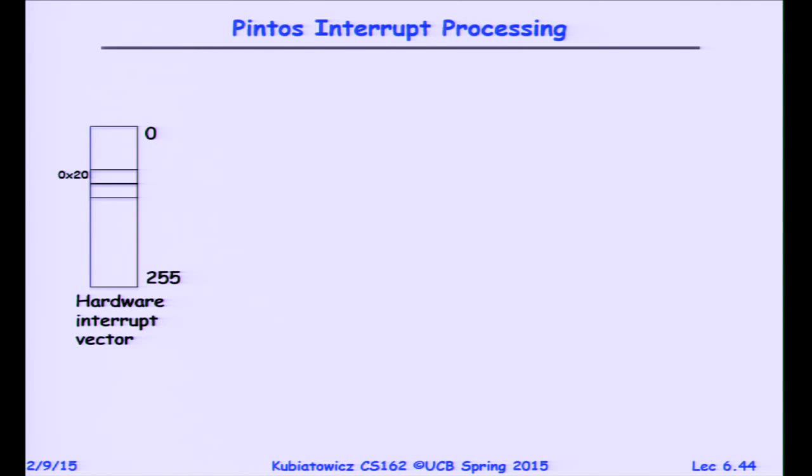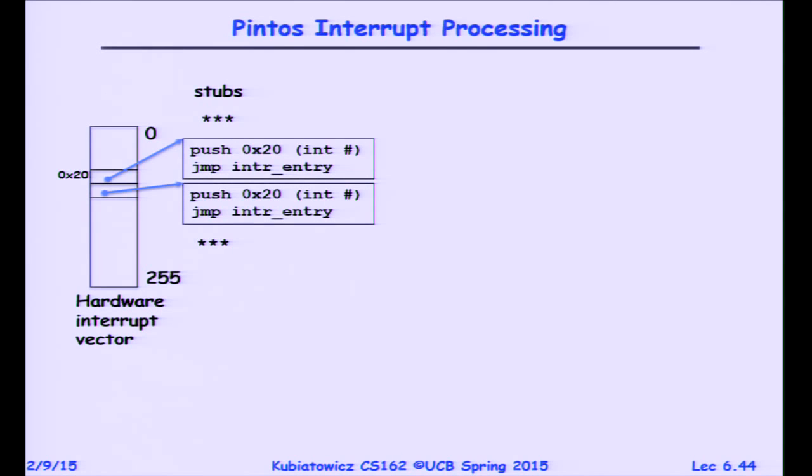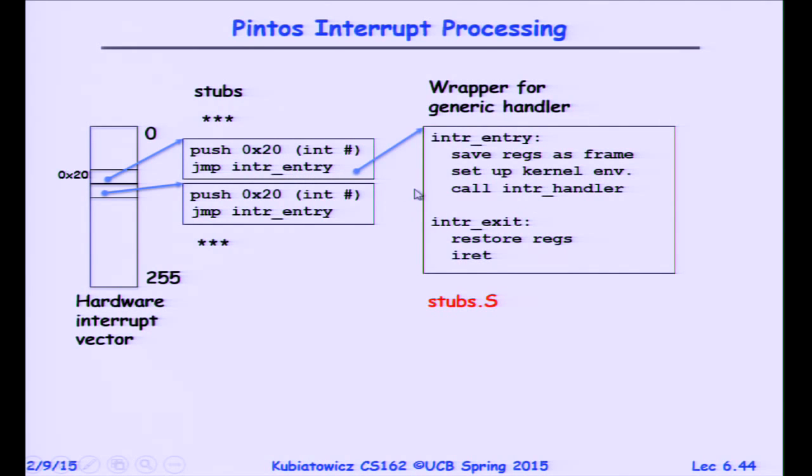So here is Pintos interrupt processing. We have a hardware interrupt vector. Each one of these entries in the interrupt vector for the x86 points to some instructions that will run, and what actually happens when interrupt 20 happens, whatever that happens to be, it pushes the interrupt number on the kernel stack, and it jumps to a shared wrapper for interrupt entry, which saves all the registers, sets up the kernel environment, and calls the interrupt handler.